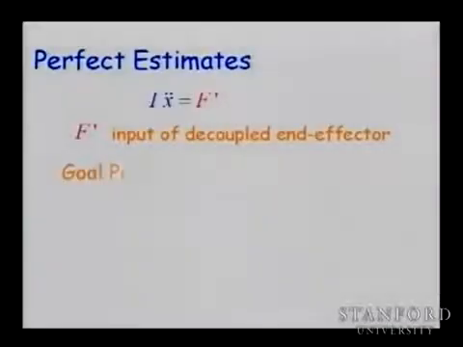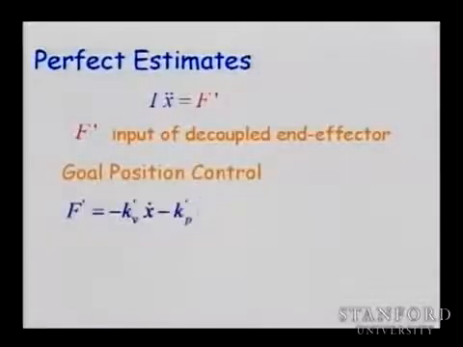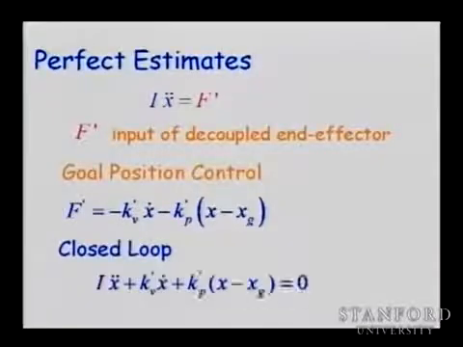So if I have a goal position, we saw this controller, but if I have tracking, I know x, x dot, and x double dot, then for the goal position controller, your behavior is linear and decoupled, and everything is going to let you move to the goal position following this second order behavior.